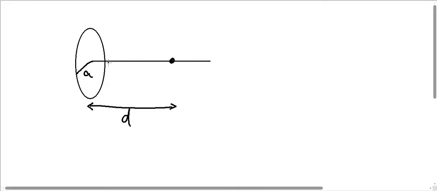So again I will take a very small element dl along this. Suppose again here my current is in anti-clockwise direction, so suppose this radius is going inside my screen.